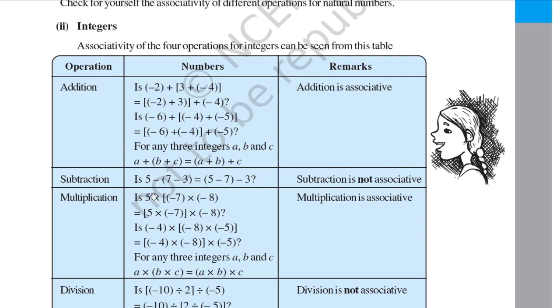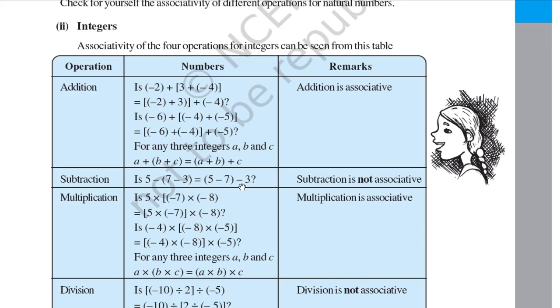Now for subtraction, 5 minus 7 minus 3 in bracket, 5 minus 7 minus 3. So when you do here, it will come like 4. So it will be 1 is equal to 5 minus 7 minus 2 minus 3, it will be minus 5. So 1 is not equal to minus 5. So it is not an associative property. Subtraction is not associative. So is 5 into minus 7 into minus 8 equal to 5 into minus 7 into minus 8?